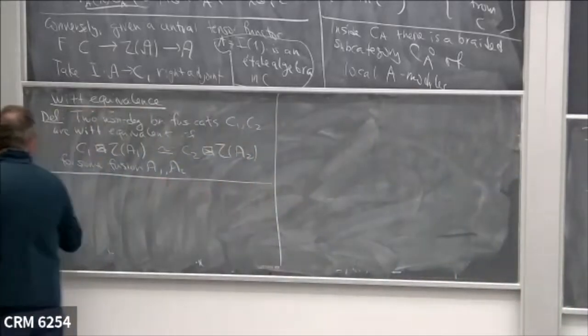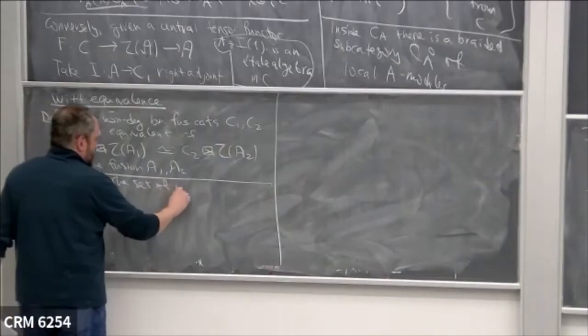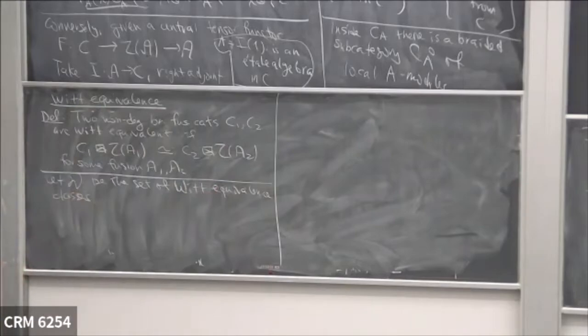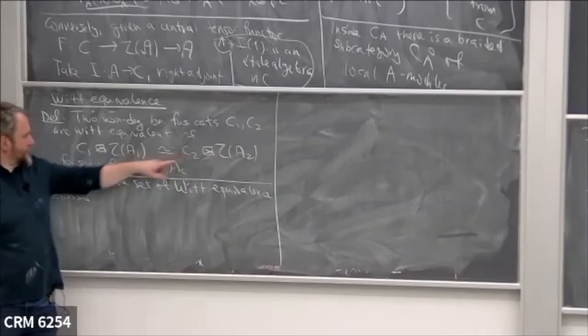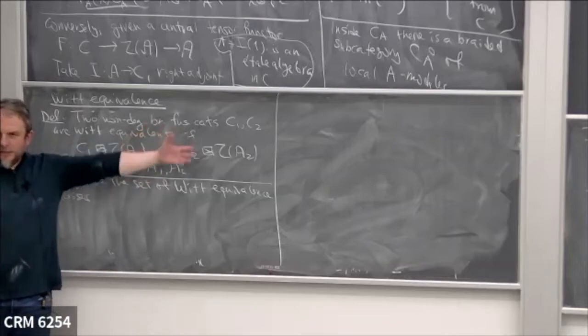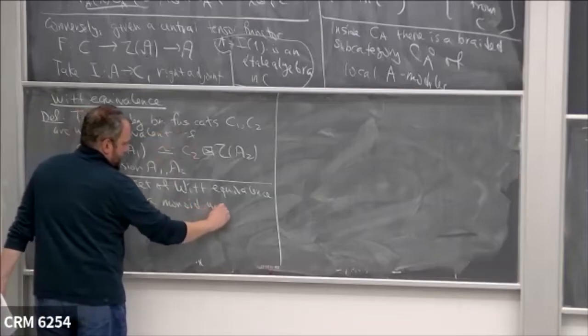Now, let W be the set of Witt equivalence classes. We observe right away that this set is in fact a monoid, because if you have two categories C1 and C2 that are equivalent, and D1 and D2 that are equivalent, you just tensor these things. So this is a monoid with respect to tensor product.